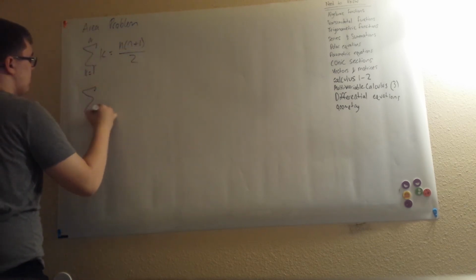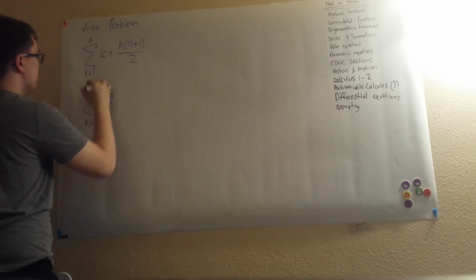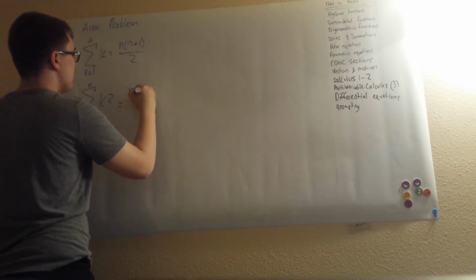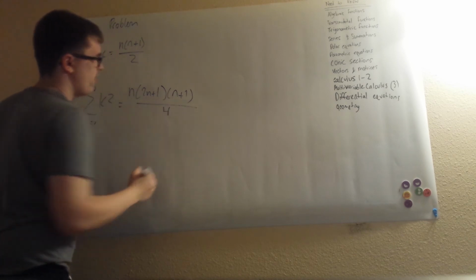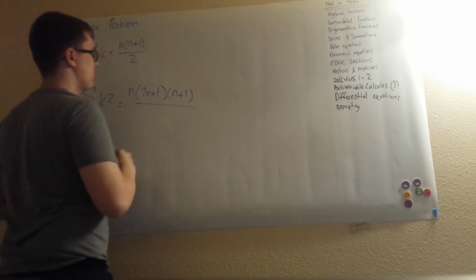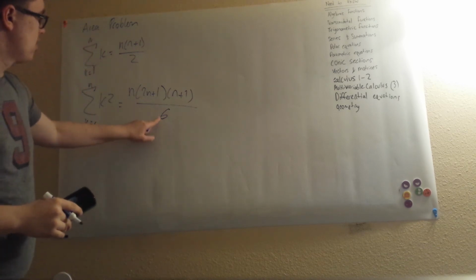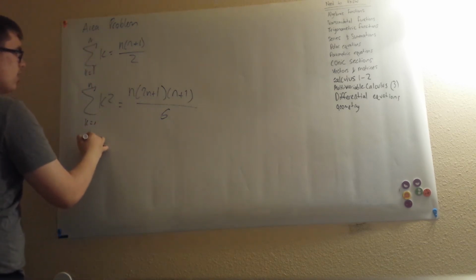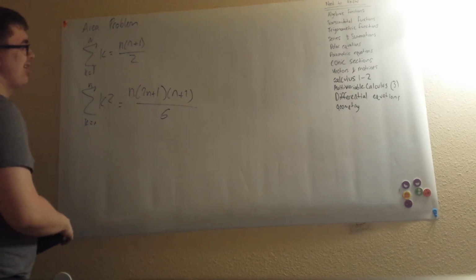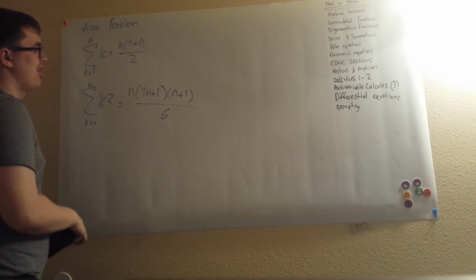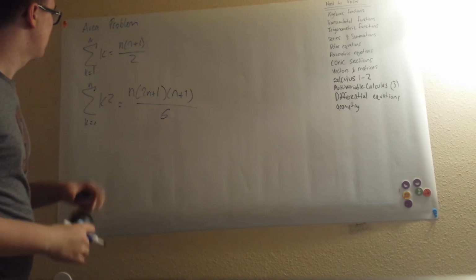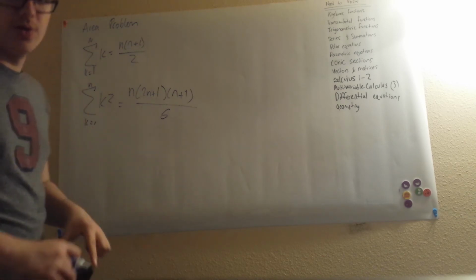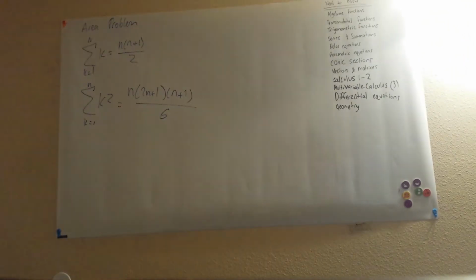If you have k squared from k equals 1 to n, I think it is n times 2n plus 1 times n plus 1 over, I want to say 4, but it looks like it's 6, I think. Okay, I'm correct. That is the form.